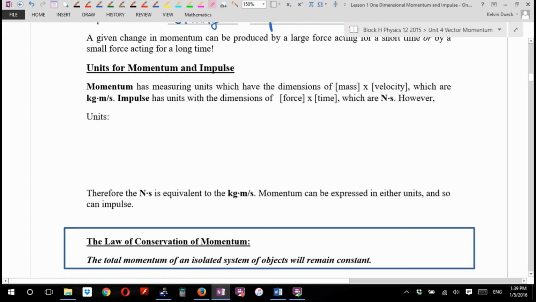What are the units for momentum and impulse? Well, momentum has the units of mass times velocity, which is kilogram meters per second. Impulse, which is force times time, would have units of Newton seconds. Except a Newton force is what times what?